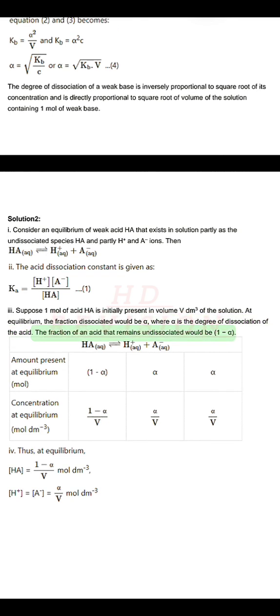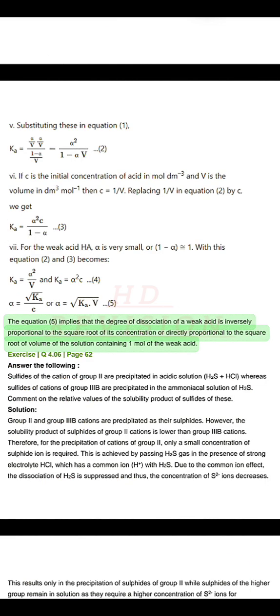The fraction of acid that remains undissociated would be 1 minus alpha. Equation 5 implies that the degree of dissociation of a weak acid is inversely proportional to the square root of its concentration, or directly proportional to the square root of the volume of the solution containing 1 mole of the weak acid.